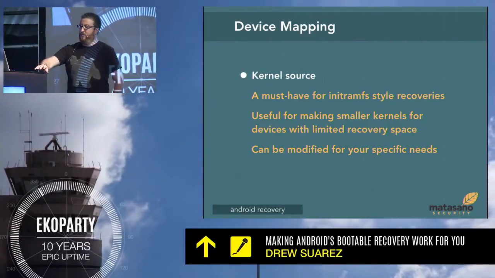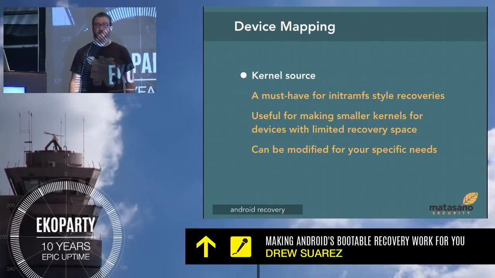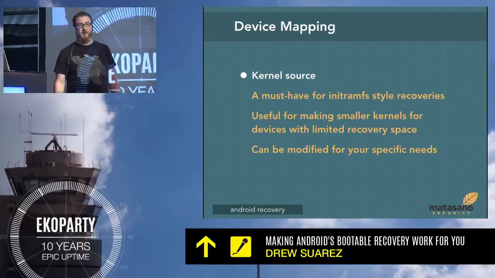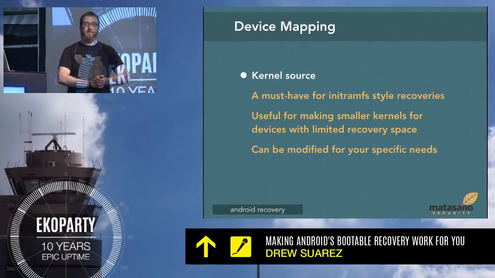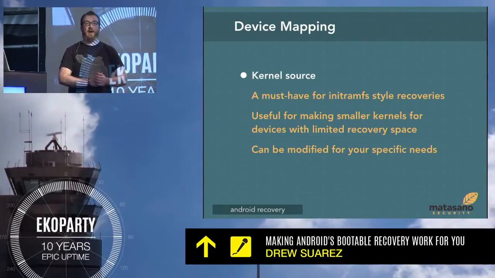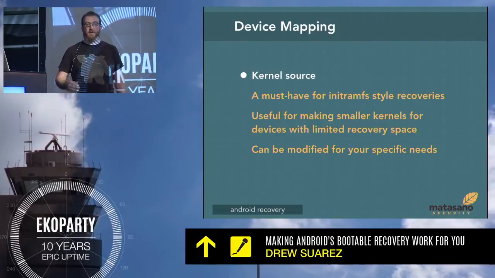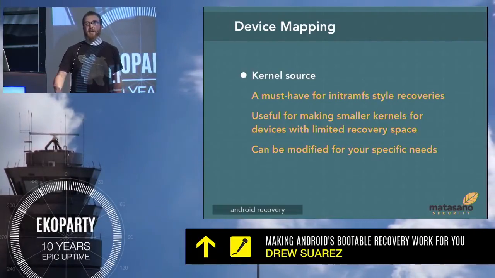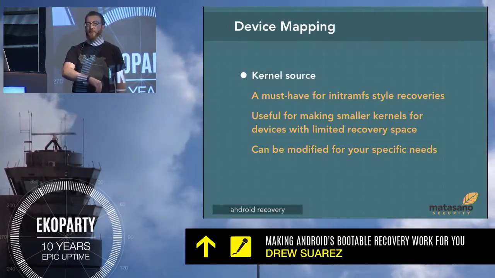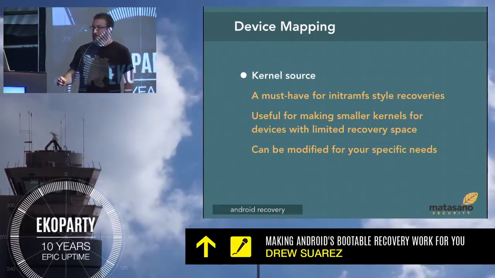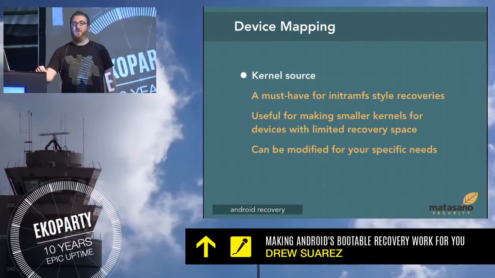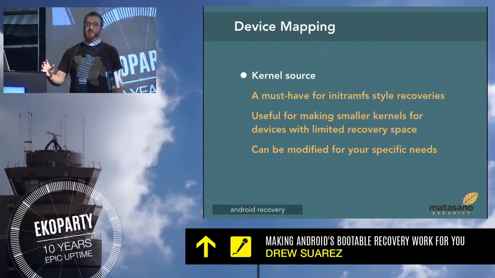Kernel source. As I mentioned, you can get by without this sometimes. On the init ramfs style, you absolutely have to have this, because you're not able to repack that as easily; you need to compile the ramdisk into the kernel. The other really great thing about having kernel source is making the image smaller.